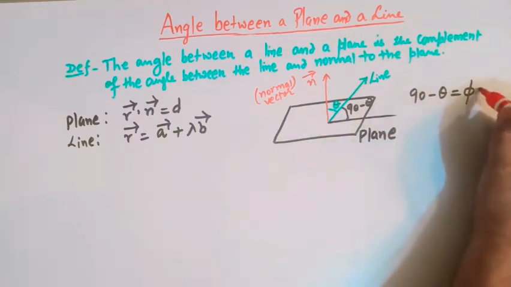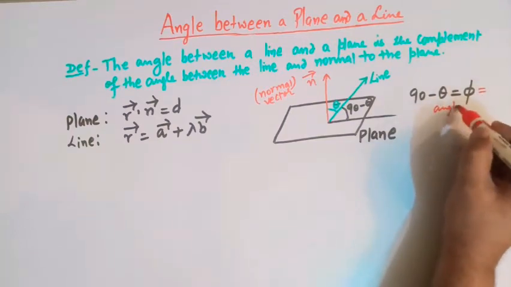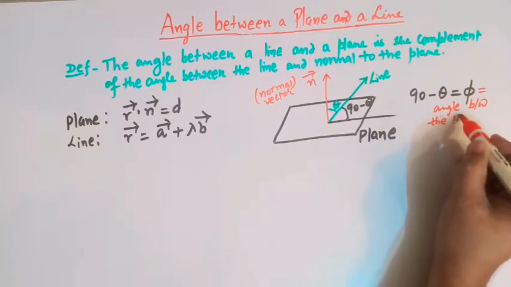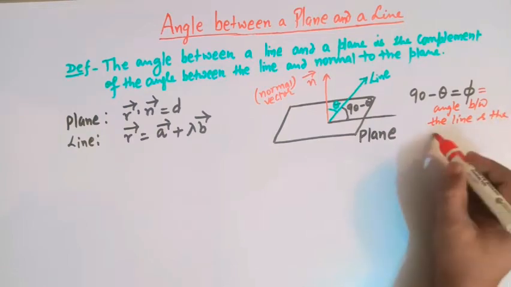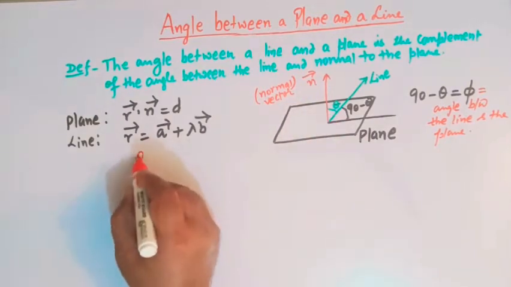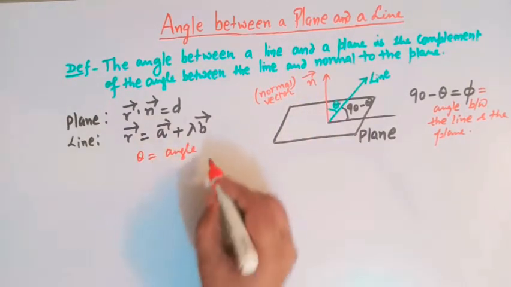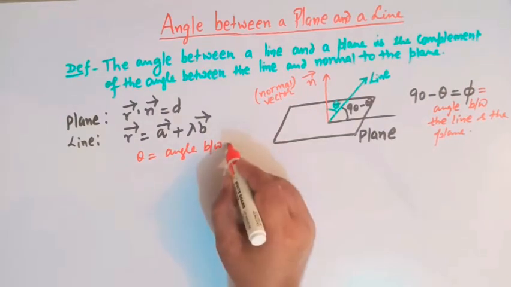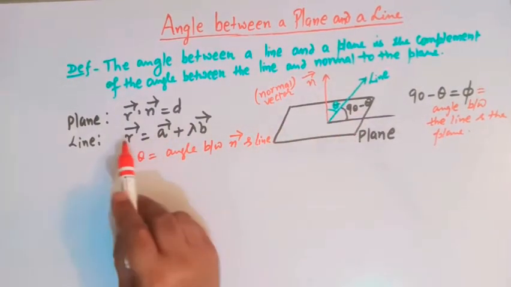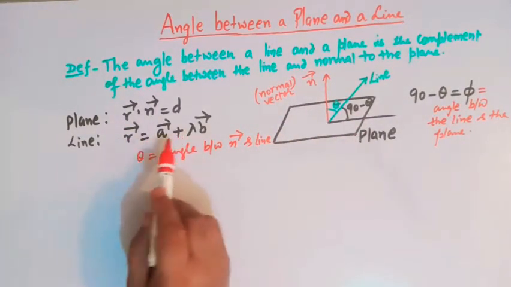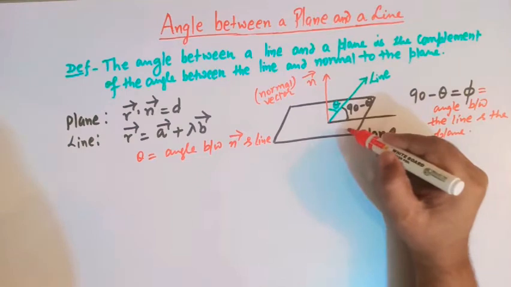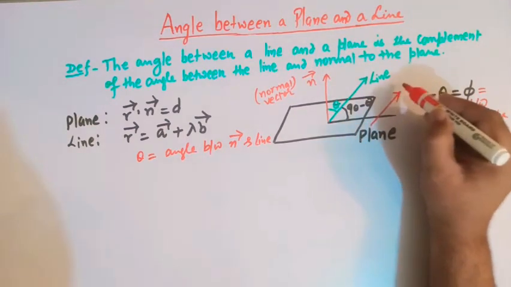Here we have supposed that 90 minus theta is equal to some angle phi. So phi is actually the angle between the line and the plane. Here theta is the angle between the normal vector and the line, and from this vector equation we know that this line is parallel to the vector b.